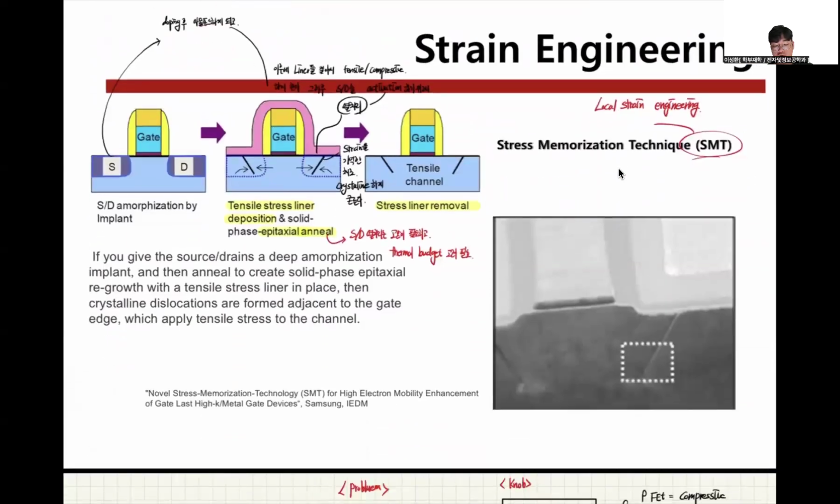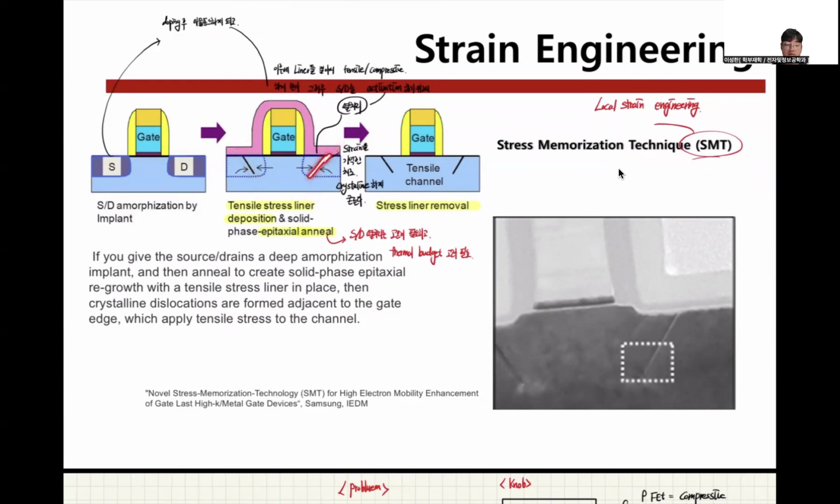Look at this figure. It is called SMT, the stress memorization technique. We make the source and drain already, and we put a liner on the surface. This liner gives the source and drain a tensile or compressive strain.